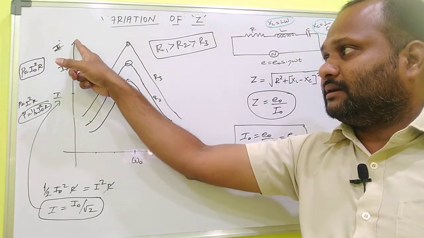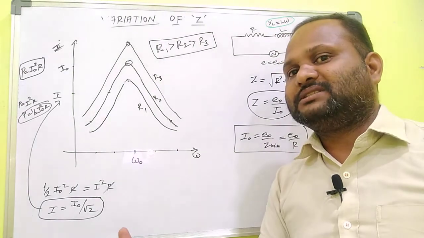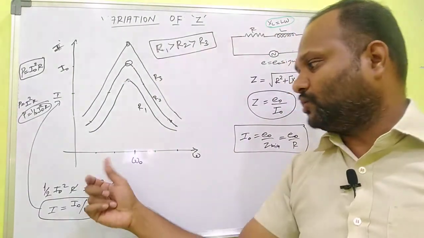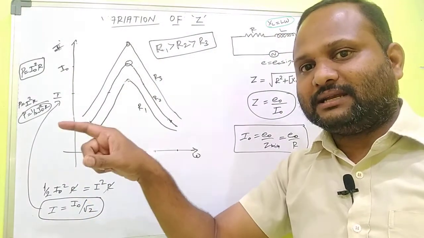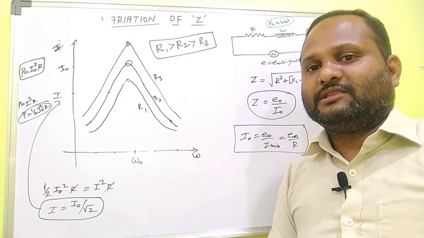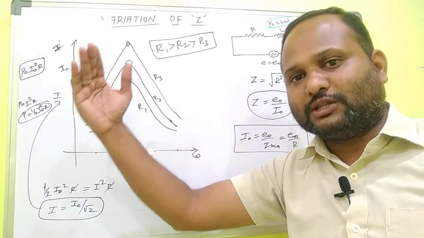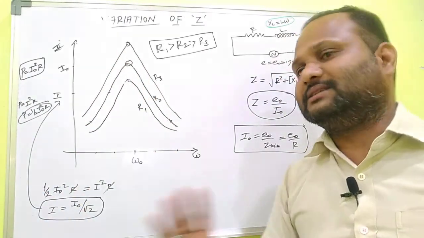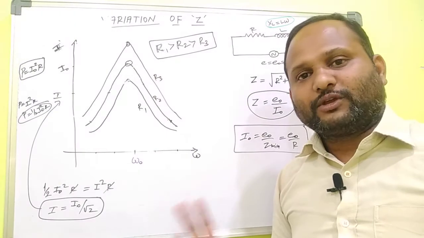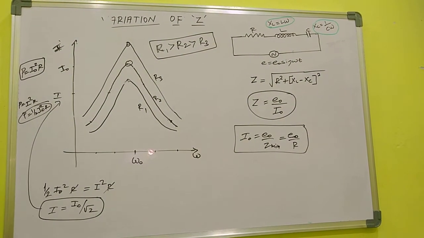When the applied frequency is increased or decreased from the natural frequency, the current will decrease. The current will decrease, so the power also will decrease.